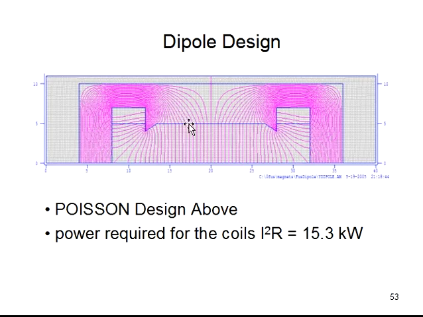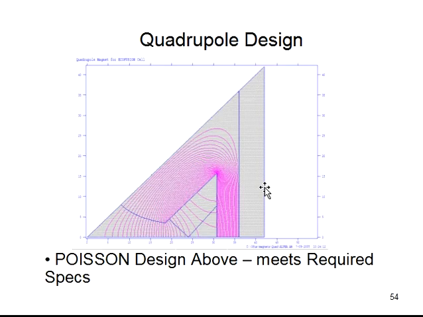An analysis has been done to take a look at the quality of the field throughout the dipole design, and even at the outside edges of the dipole, it has been determined that the fields will be adequate for ECOFusion functioning. A quadrupole has also been designed, and while this quadrupole could use some improvement due to its large size, it's perfectly acceptable to use such a quadrupole in the initial tests of the ECOFusion system.